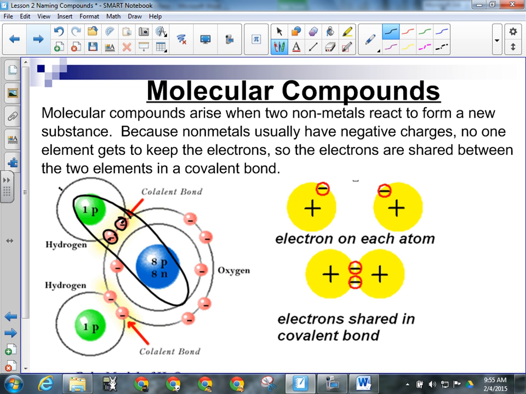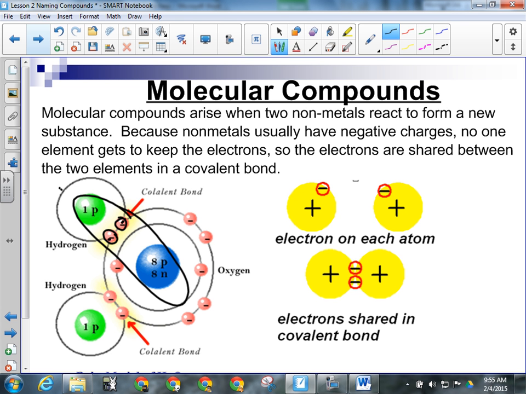They just don't dissolve. Candle wax is a molecular compound. You put a candle in water, it doesn't dissolve. So molecular compounds typically are less soluble because they're not going to split up into separate parts. If they do dissolve, their solutions won't conduct electricity because when they break apart, they take their electrons with them and they all stay neutral.